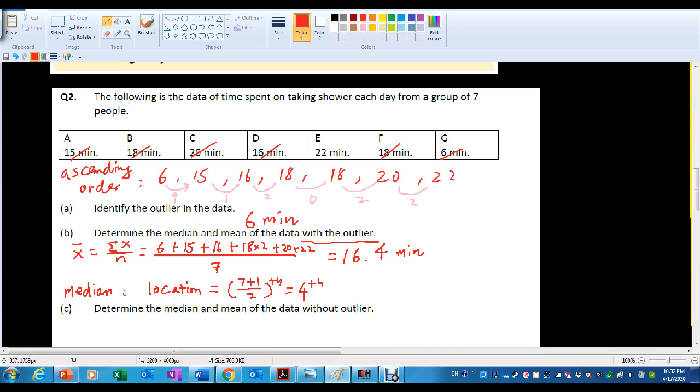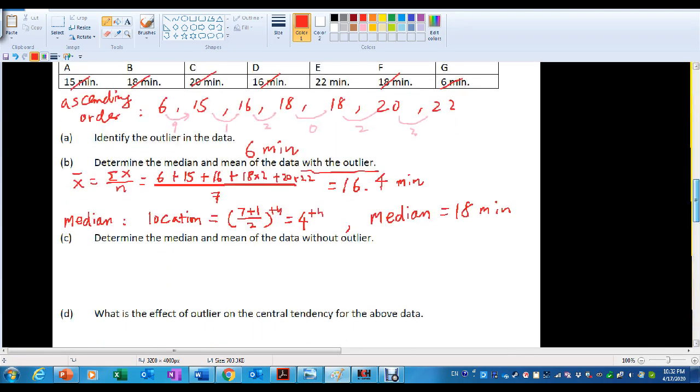You need to count from 1 to 4: first data 6, second 15, third 16, and fourth 18. So the median is 18 minutes.